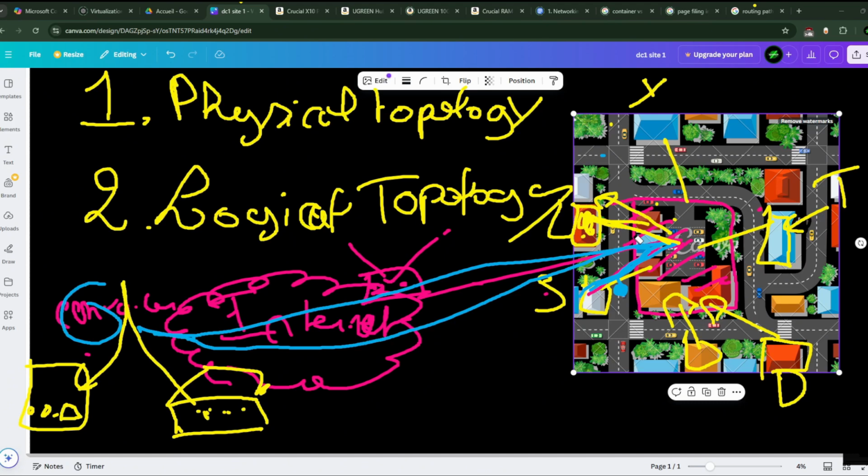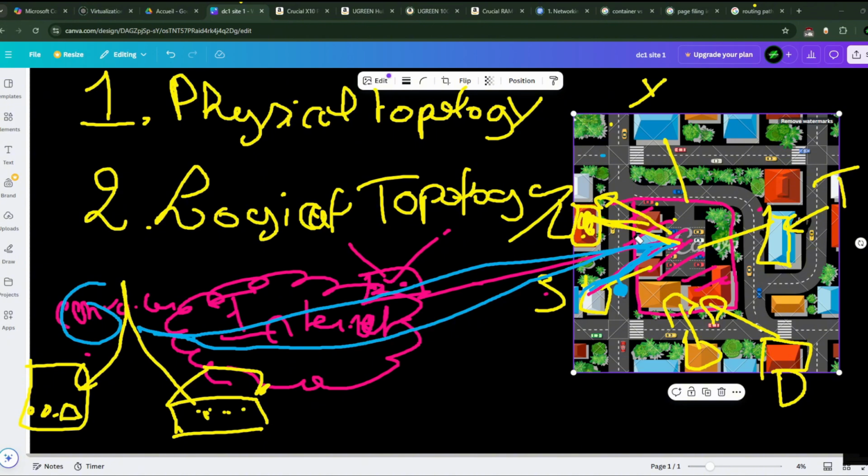Now the problem in a big company is that star topology is not a good thing, because if the central device, hub or switch, fails, the whole network is affected, and it's very bad for the company's network.